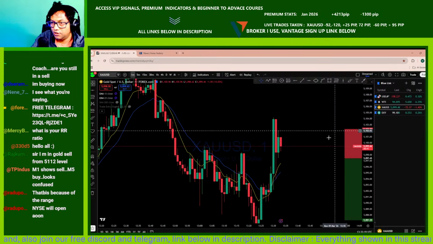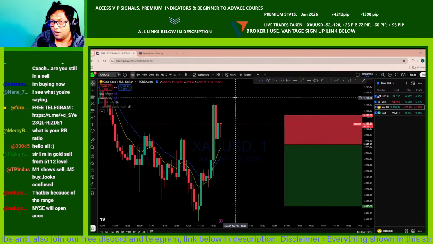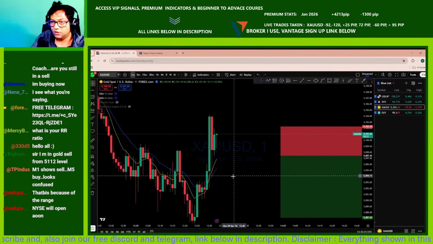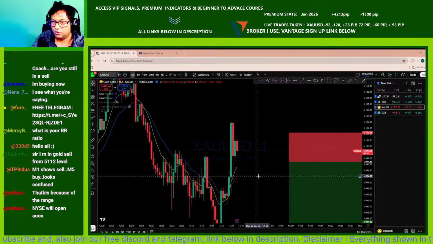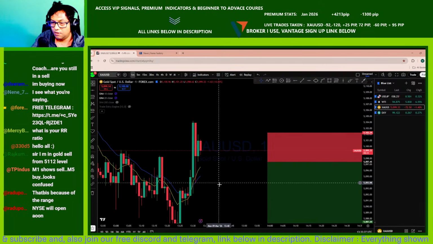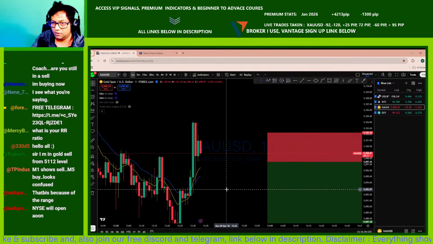Huge false breakout here in that area, and with this false breakout there is a chance for the market to come back below here to this order block.